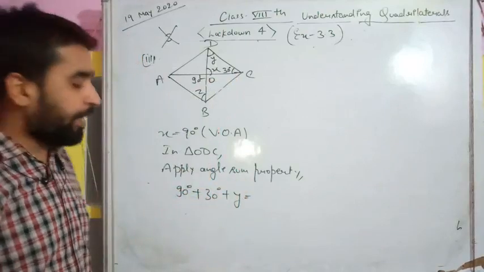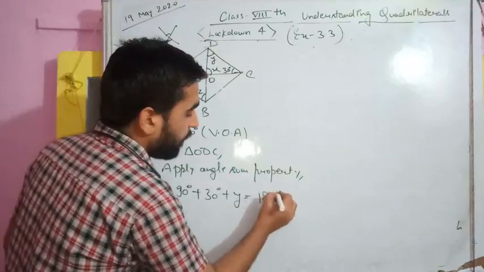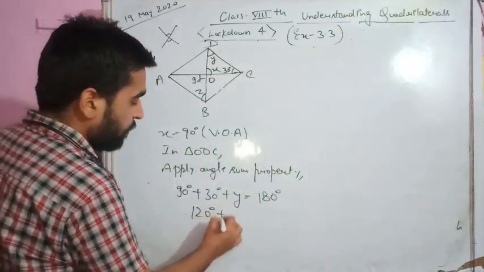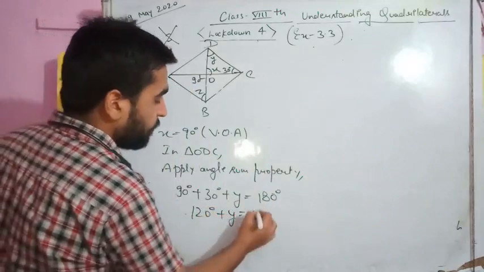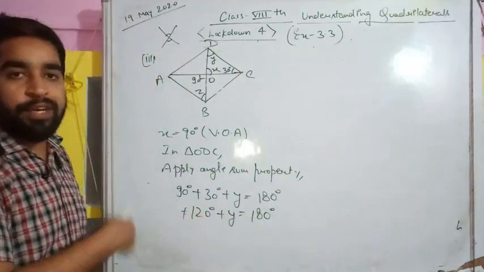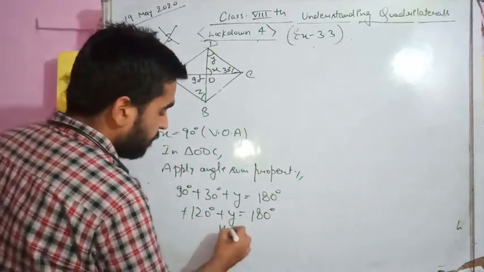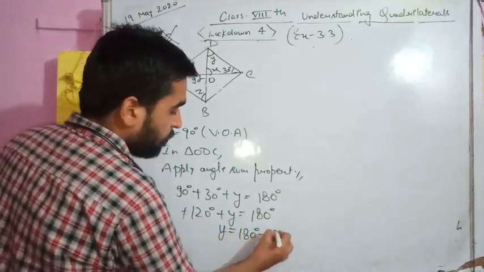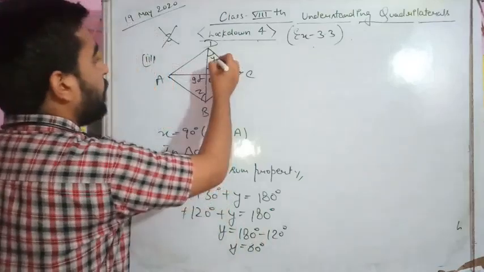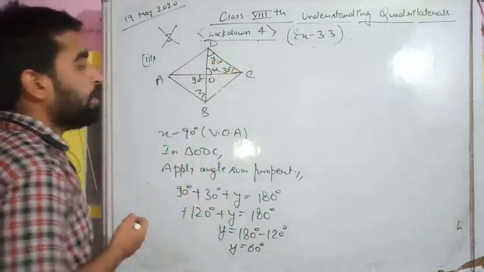That is equal to 180. So by angle sum property, this will be 180 degree. 90 plus 30, that is 120. So 120 plus y is equal to 180 degree. So plus 120 shifted to the other side will become minus 120. So y will be how much? 60 degree. Okay. So y we have calculated, x we have calculated.